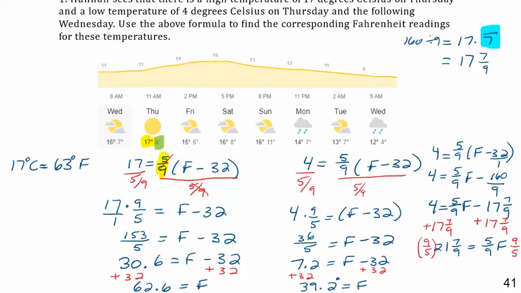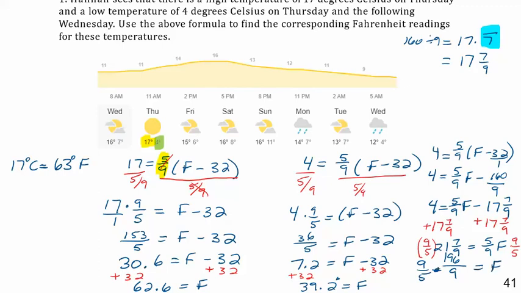So to do this multiplication, I want to take 21 and 7/9 and turn it into an improper fraction. So I'm going to do 21 times 9 and then add 7, and I get 196. 196 over 9. Keep the denominator the same. And I'm going to multiply that by 9/5.